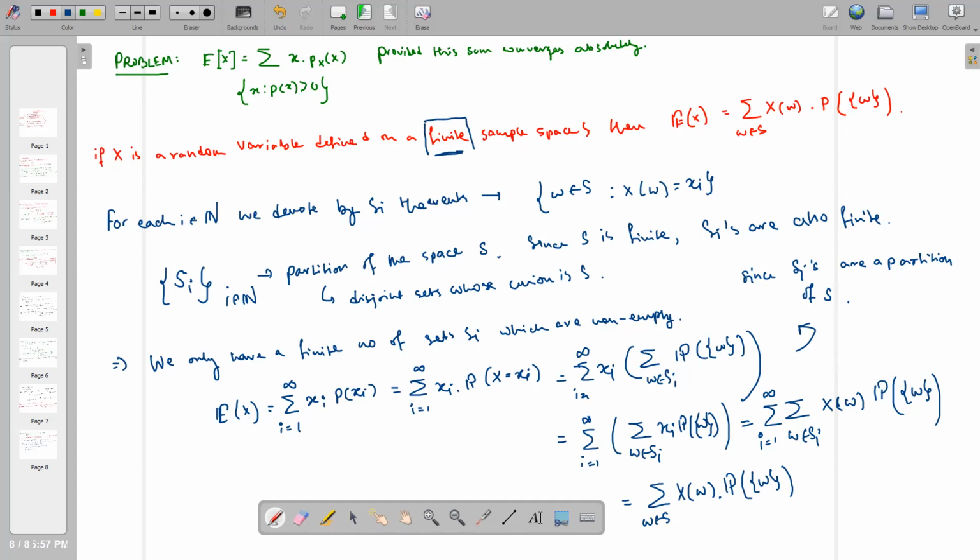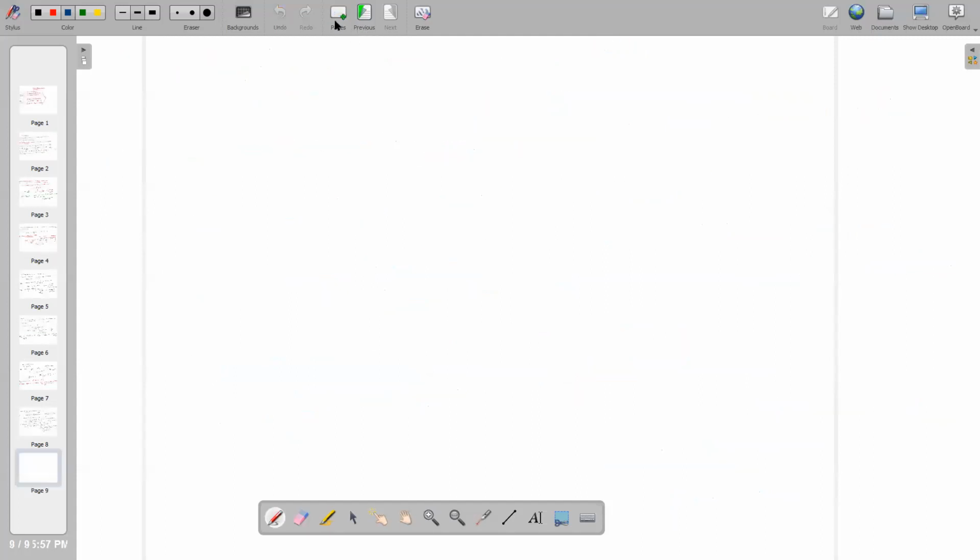In my original definition, this was countable, right? So this should be true for countable also. So what if countable?